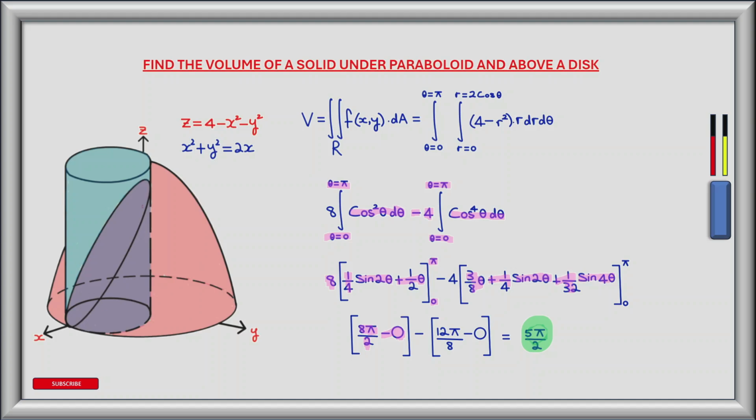And we need to evaluate this between 0 and pi and then multiply it by 4. So when we do this, we get 12 pi divided by 8 minus 0. So now if we subtract the second bracket from the first bracket, we're left with our final answer of 5 pi divided by 2.